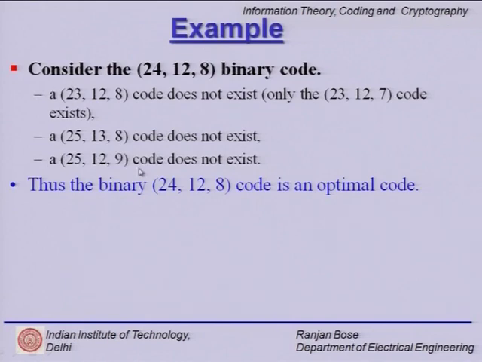You can take your time and prove it, either by construction or in terms of the violation of the Singleton bound, and show that these codes do not exist, and therefore (24, 12, 8) is indeed an optimal code.